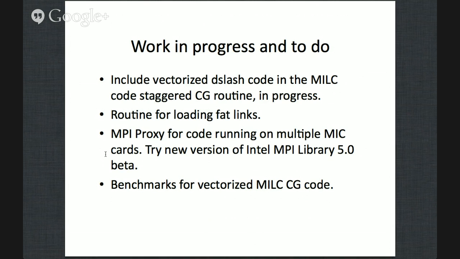And we are trying to get some help from Intel for the MPI proxy for code running on multiple MPI, multiple MIC cards, to improve the communications between the coprocessors. We can also try the new version of the Intel MPI library, which has been recently released, I think. And then the benchmarks for the vectorized MILC conjugate gradients.